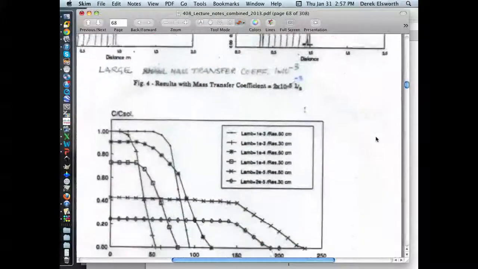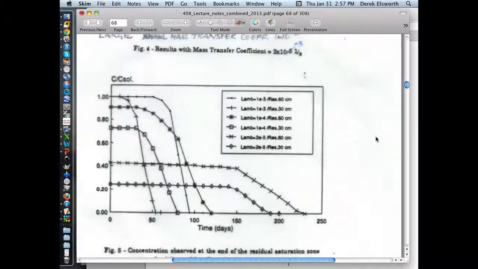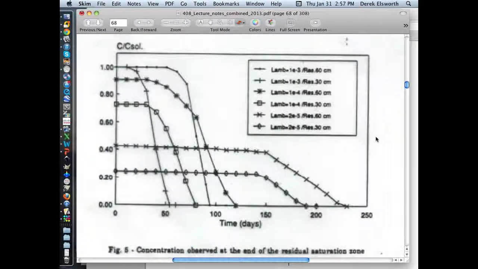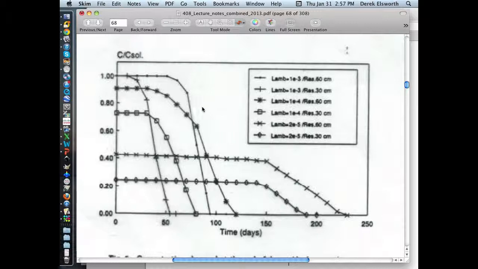And of course that is exactly what this plot is here, and I can't necessarily remember what all these components are, but these would be cases where lambda is a mass transfer coefficient, so where lambda is large, you get transfer from the free phase into the dissolved phase quickly, and so you start off with high concentrations as you go across this region because it's able to transfer from the non-aqueous phase into the water very efficiently.